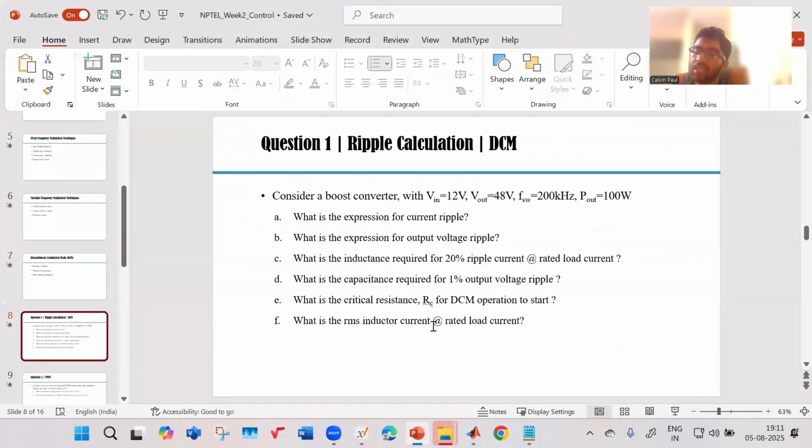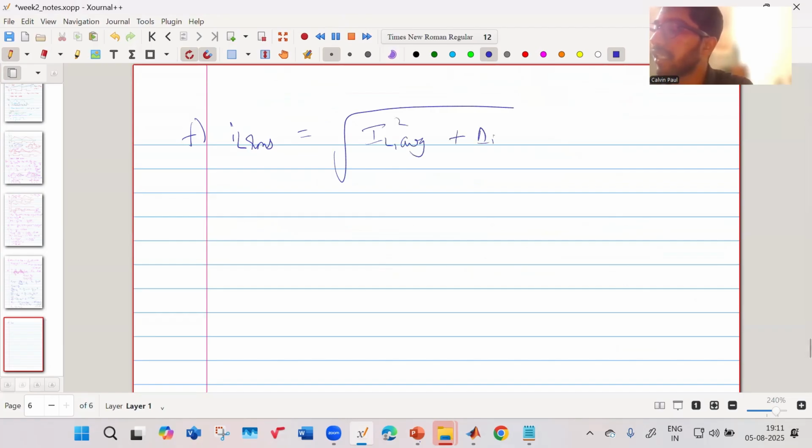Now let us go to the next part. They're asking what is the RMS inductor current at rated load current? We had found already, IL RMS is equal to square root of IL average square plus delta IL square by 12. IL average we found out to be 8.333 ampere, square.